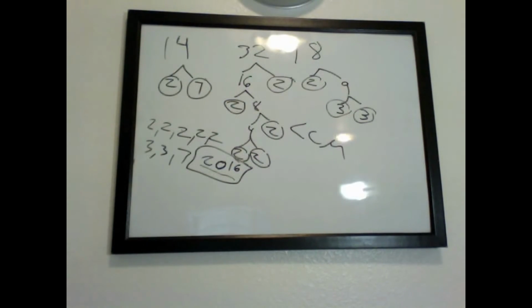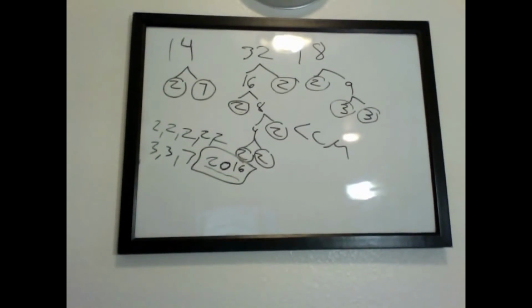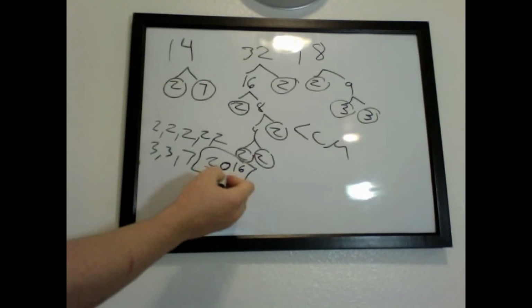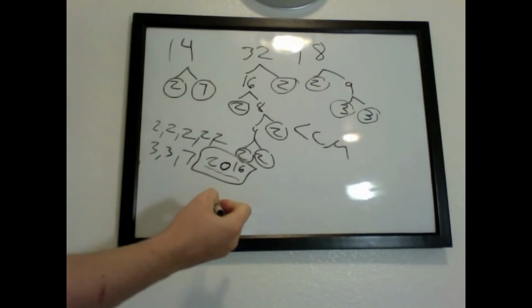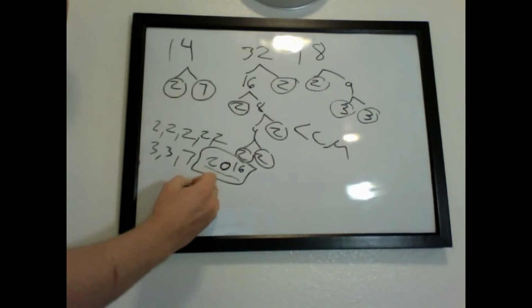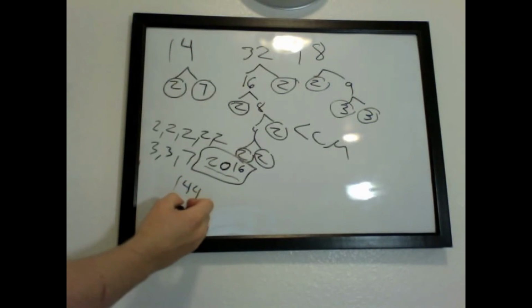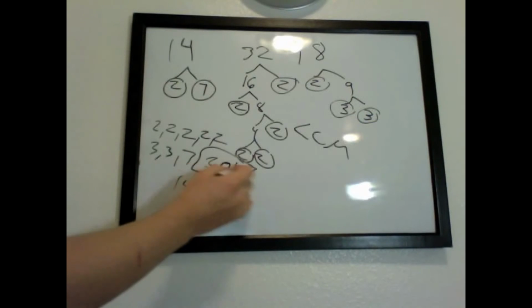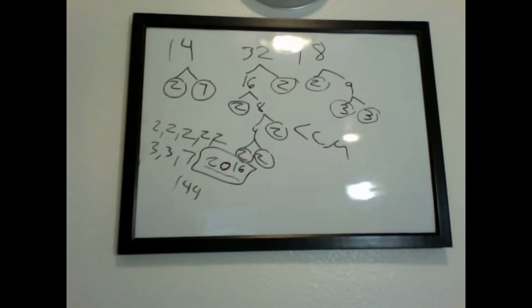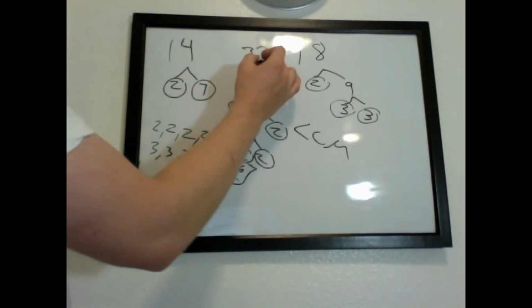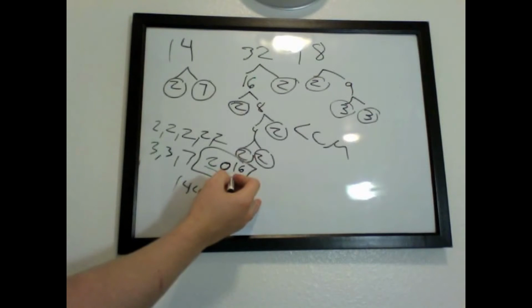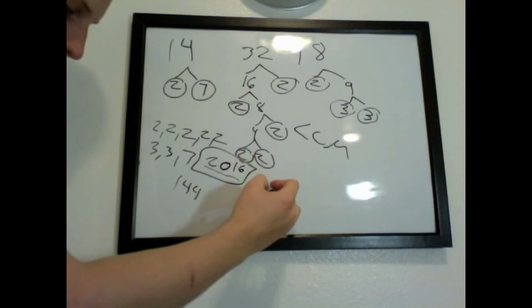So if you wanted to find what number, say 14, in order to reach this number, you just divide this by 14, and you would get 144. So the 144th multiple of 14 would equal 2016. Same thing with 32. This would be 2016 divided by 32, and you get 63.